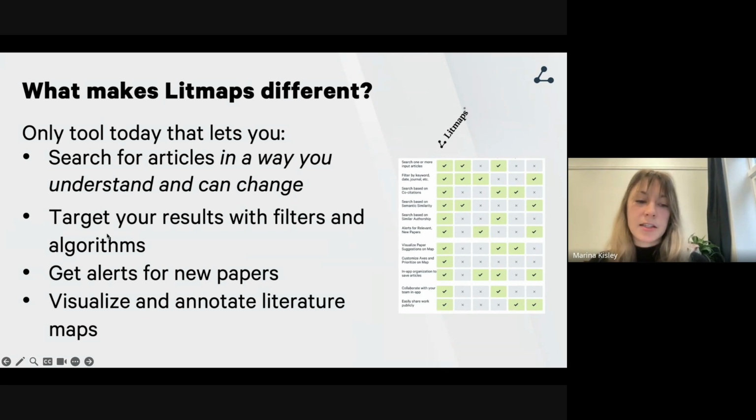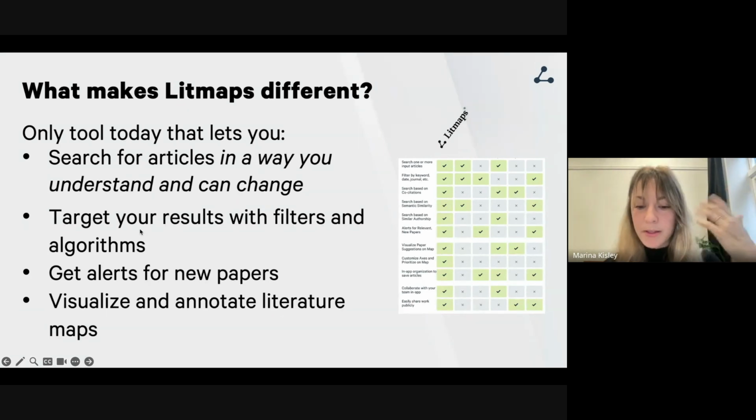But for example, this last one, visualizing and annotating literature maps. So all of this is really Litmaps specific. I don't know any tool, including ResearchRabbit, that does this right now. So if you're just there to search for papers, if you're very interested in searching by authors, that might be something more ResearchRabbit-y, versus if you want to see this particular set of features. So if you want to be able to visualize big sets of your own papers, to annotate them, to also reorder axes, everything visualization-wise is very Litmaps specific.